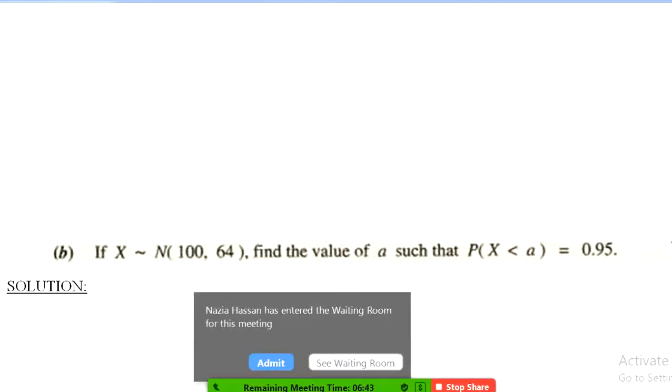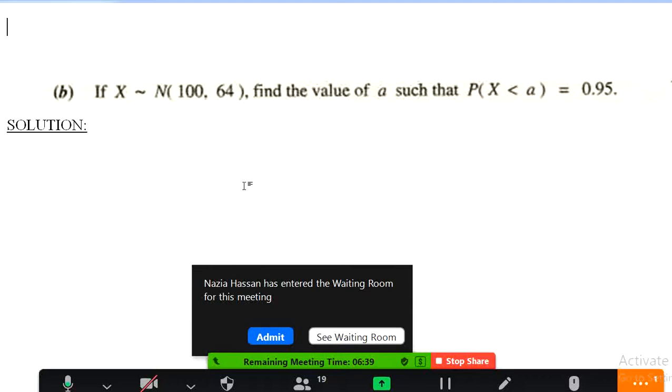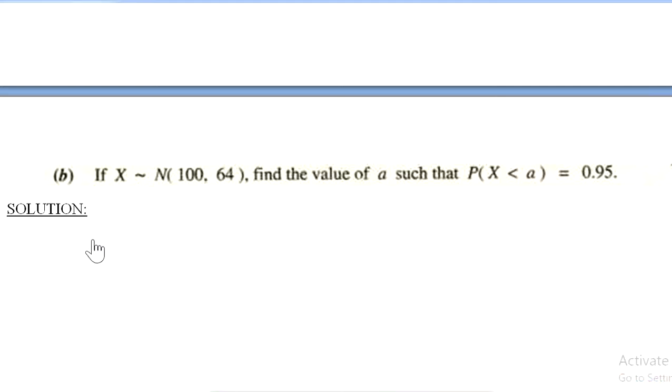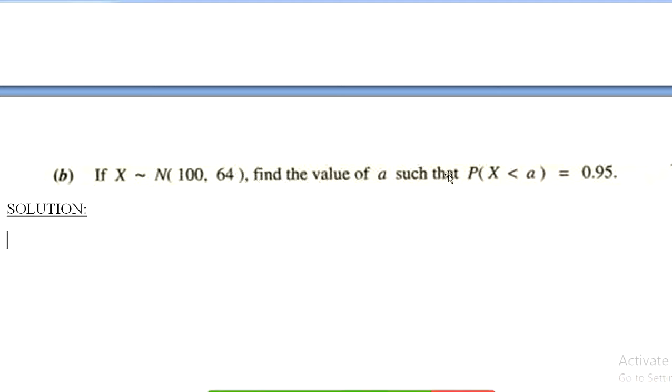Now in part 2, this is part B of question 5. Okay, part B. If x approaches a normal distribution with mean 100 and sigma square, which is 64, find the value of a such that the probability that x is less than a is 0.95. So what is given?